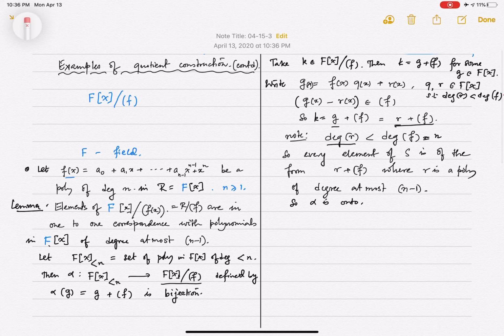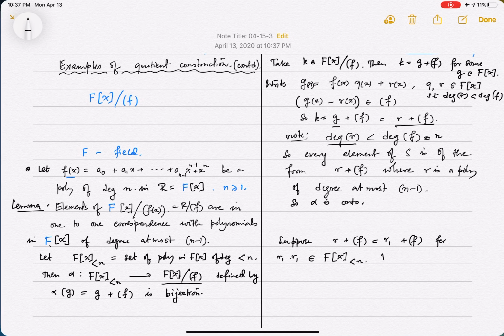On the other hand, let's show that it's injective. Suppose r plus the ideal equals r1 plus the ideal for some r and r1 polynomials of degree less than n. What does that mean?